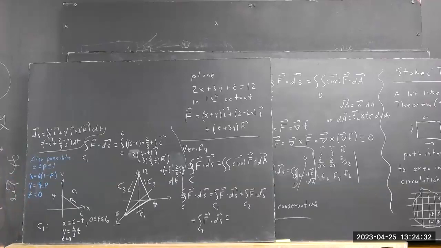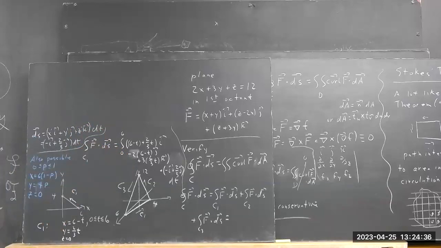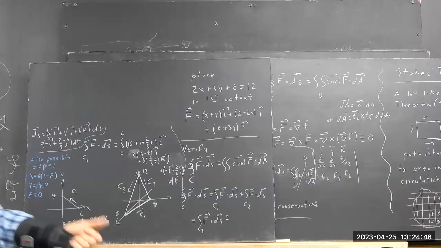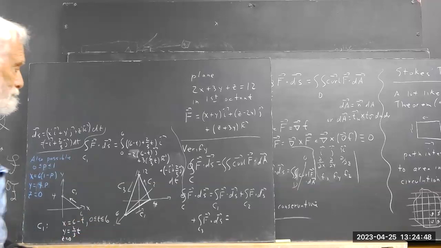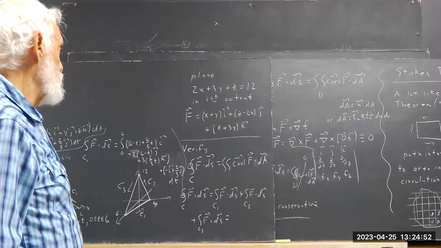That could have an advantage, although it's not difficult to do it like this. Well, that's getting to be a pain, isn't it? It's not difficult, but it's a pain. That's something we want to do to verify Stokes' theorem.